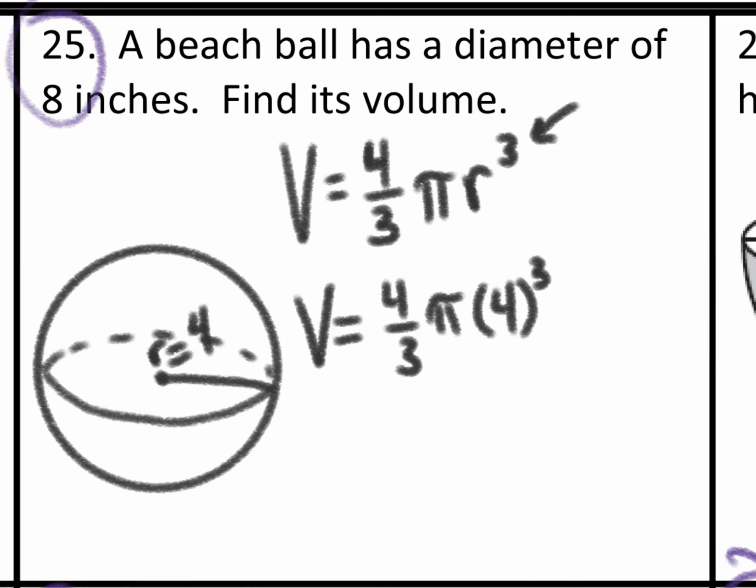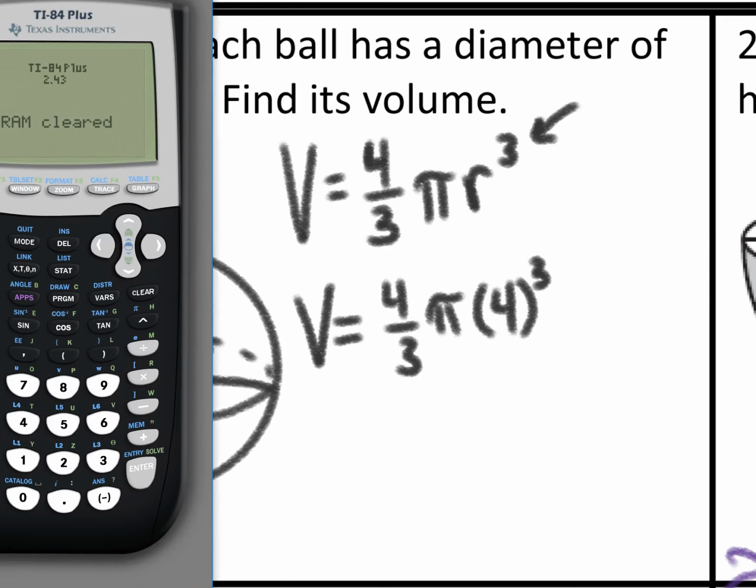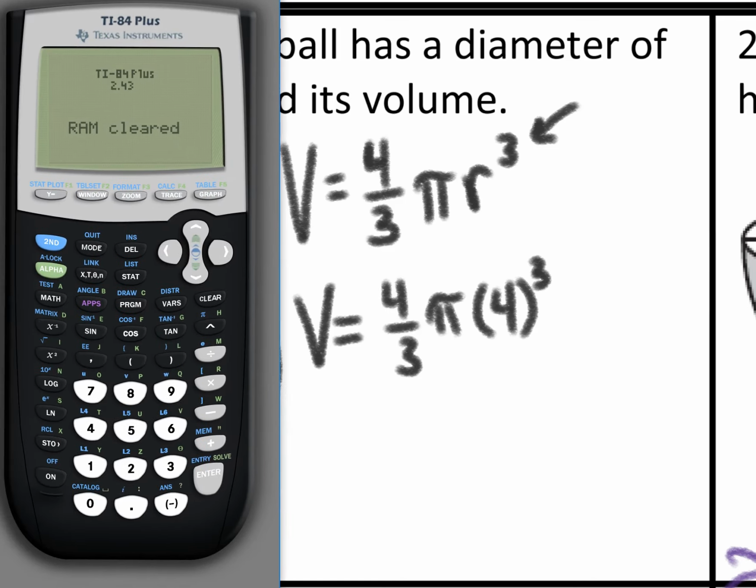So from there, all we need to do is take our values and substitute them into the calculator. I'm going to bring my calculator in here. We're going to press 4 divided by 3 times pi. Actually, let's leave this in terms of pi first. So we're going to leave the pi out, and we're going to do 4 to the 3rd power, and we're going to get an answer there.